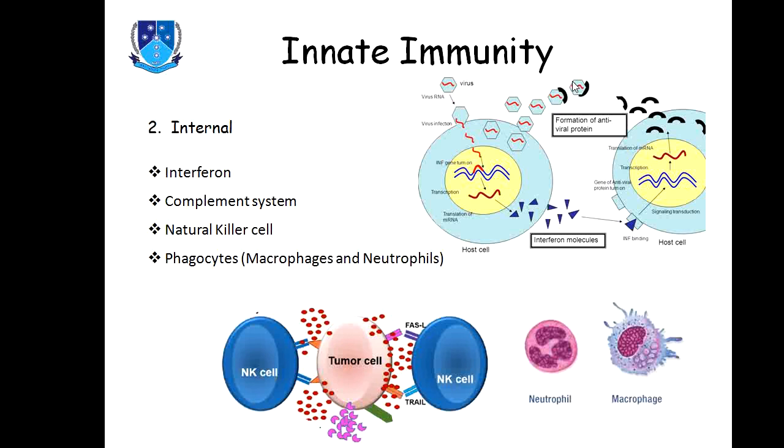So each and every type of cell has the ability to produce interferon, and interferon is a type of stimulant for the adjacent cells, those cells which are not infected by the virus.